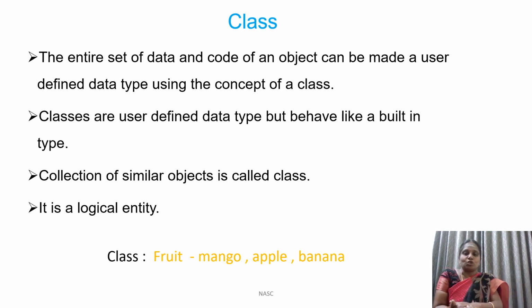Carrot, brinjal, potato come under the class called vegetable because these elements have some common characteristics. We cannot put the apple and carrot in one class because they have different characteristics. One belongs to the fruit class, another belongs to the vegetable class. So the class is nothing but a grouping of similar objects together. In order to protect the data, in order to hide the data, we are grouping the similar objects.